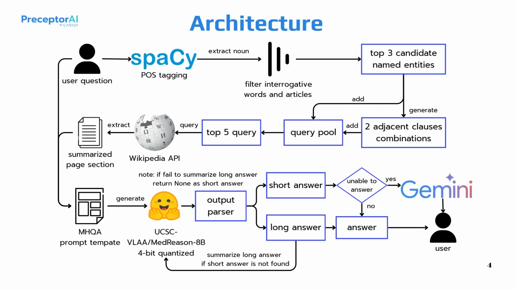Then we use a regex to extract the answer, and if the short answer is not found but the long answer exists, we will summarize the long answer and use it as a short answer.